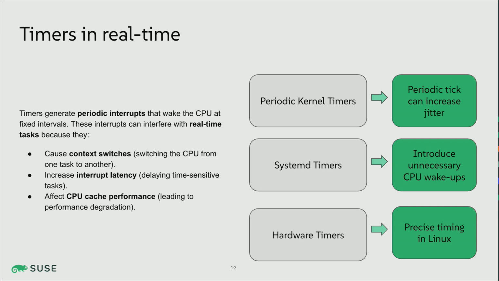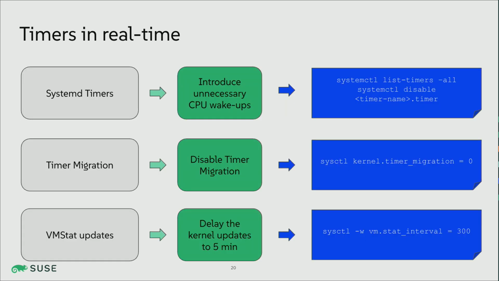And we also have the hardware timers, which, if you are involved with precision timing protocols, can also increase the latency on your workload. So what we could say is that the systemd timers introduce a lot of CPU cycles which are not necessary.